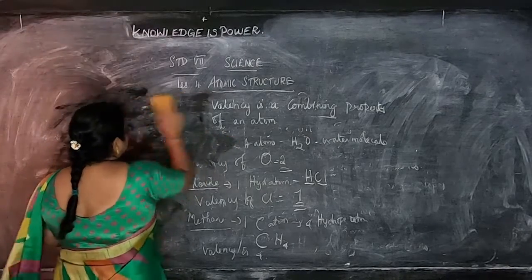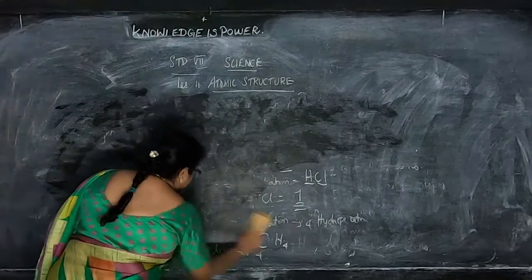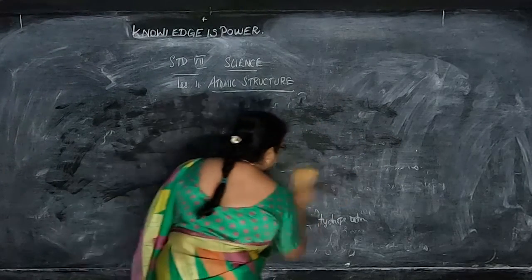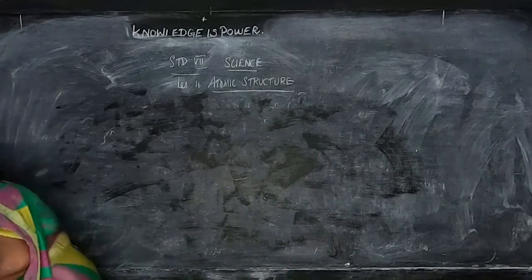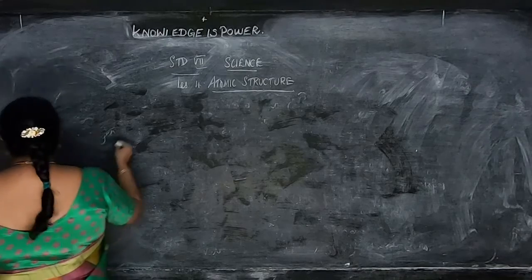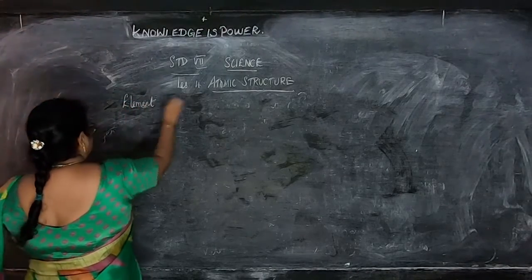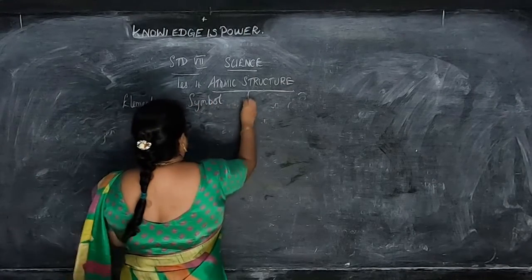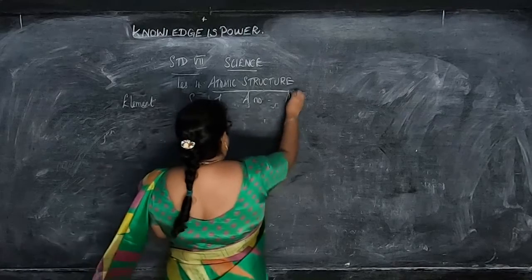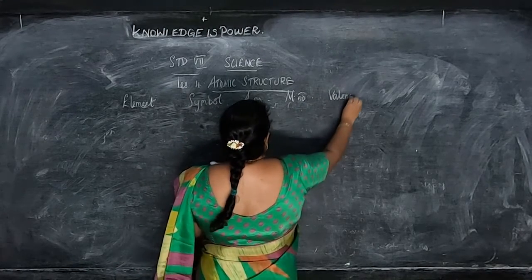So we are going to see this now. Element, then symbol, atomic number, mass number and valency. Okay, children.